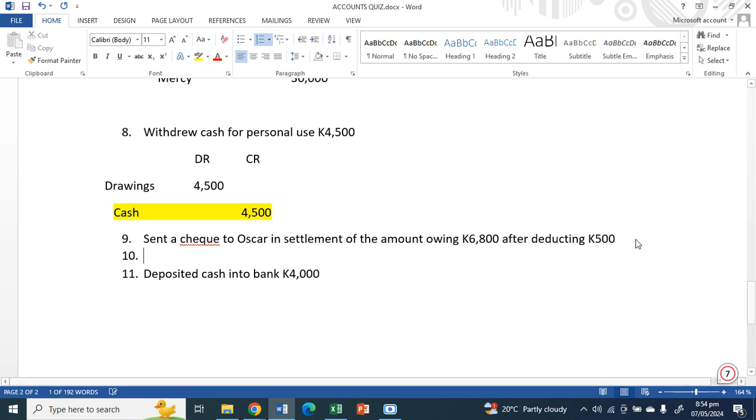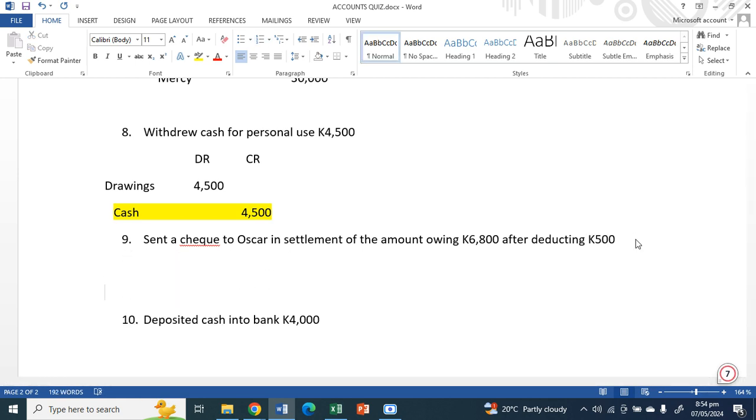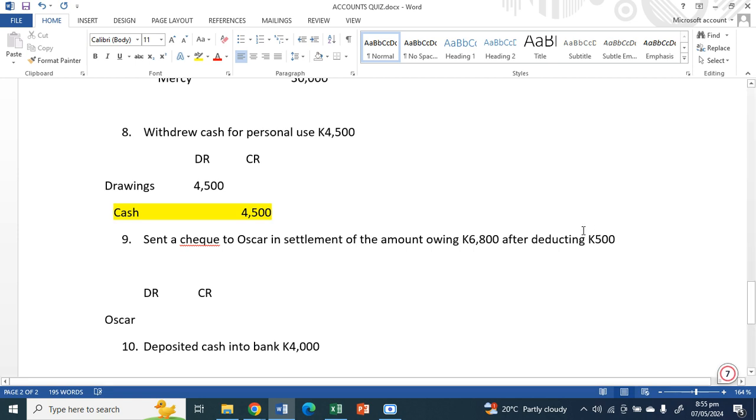So here, since Oscar is a creditor, who's a liability, and we are paying him, a reduction in a liability, you debit. So we'll debit Oscar 6,800 plus 500, that gives us 7,300.